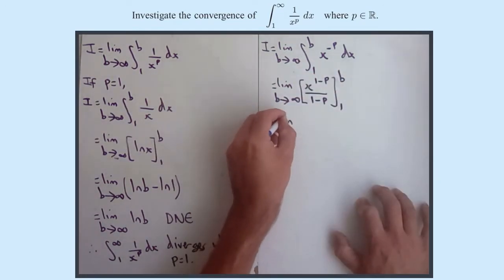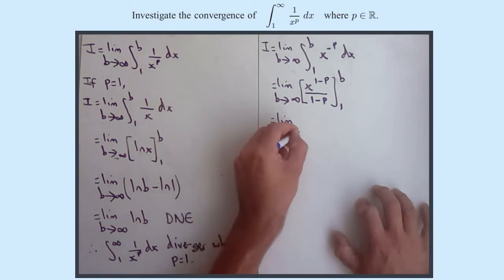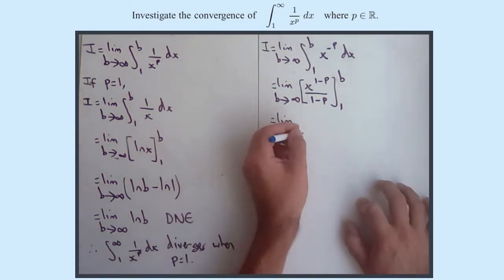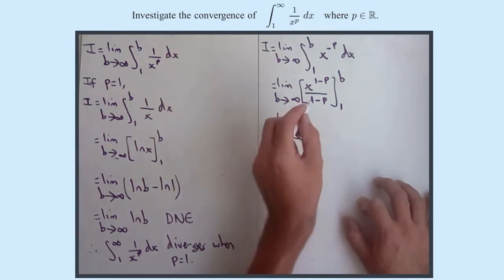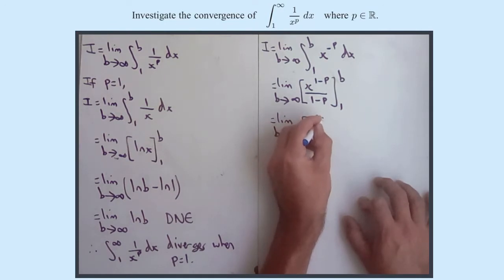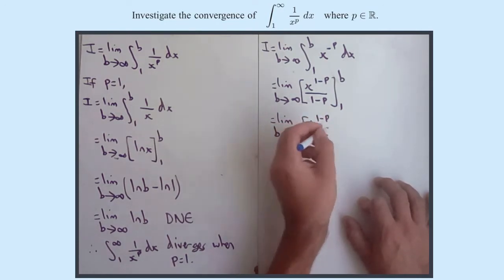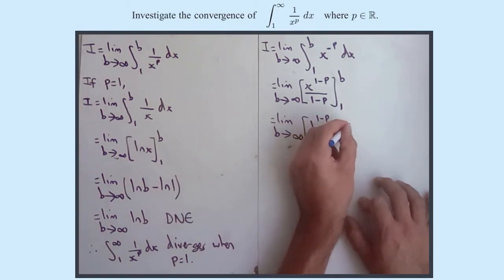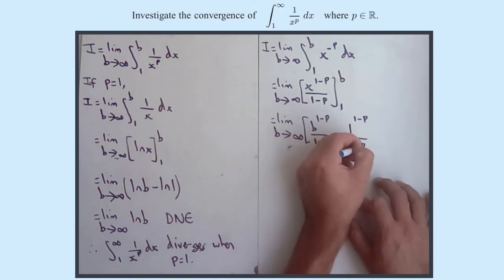Equals the limit as b approaches infinity of, well, it's b to the power 1 minus p over 1 minus p, minus 1 to the power 1 minus p over 1 minus p.